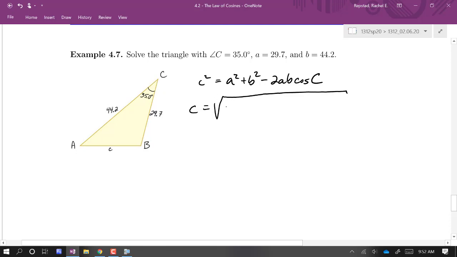Square root of 29.7 squared plus 44.2 squared minus 2 times 29.7 times 44.2 times cosine of 35 degrees.